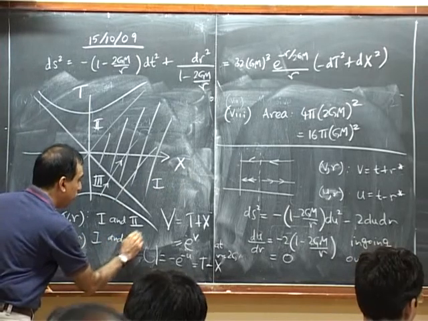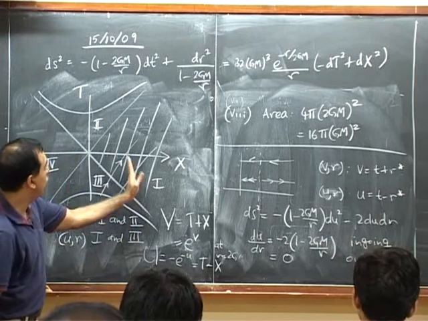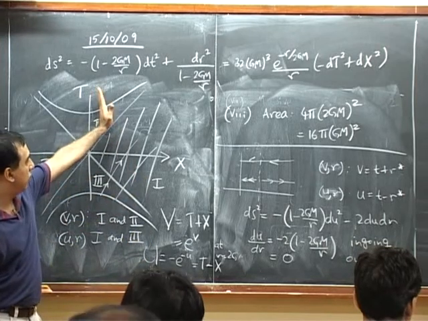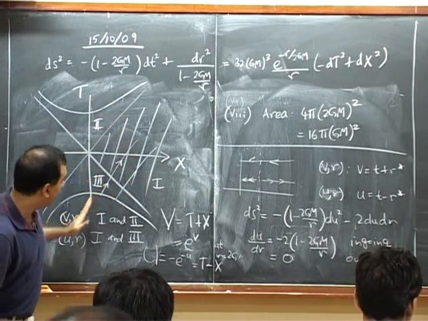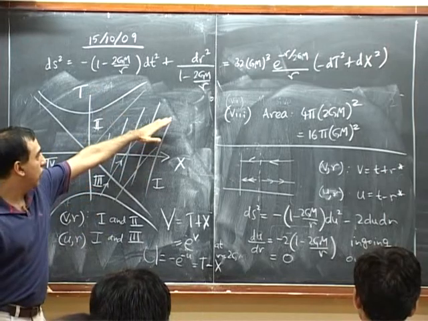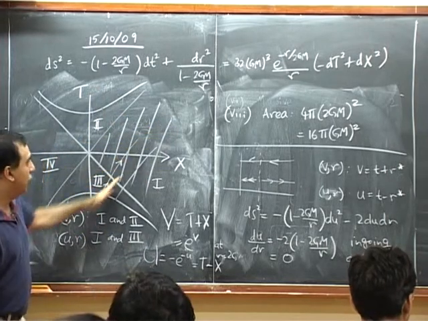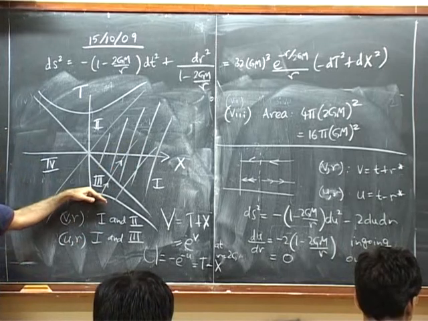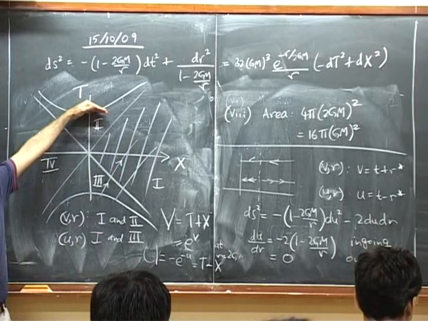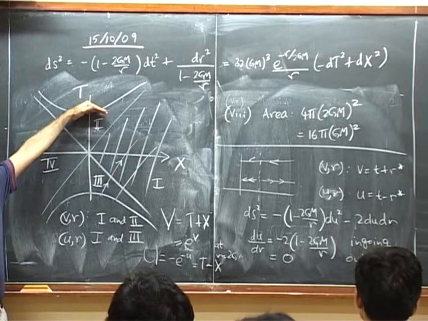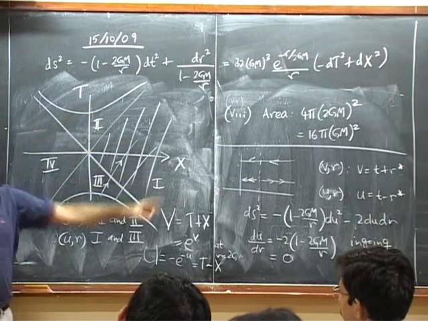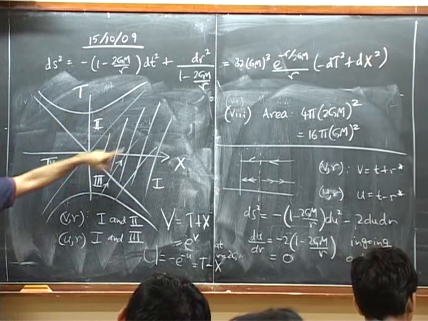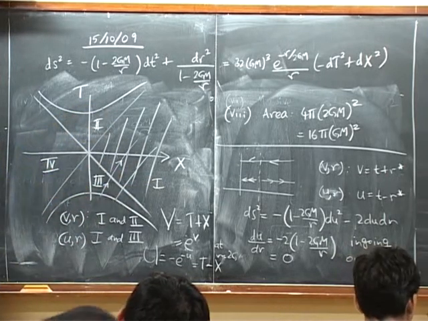There are indeed 4 types of geodesics. 2 of them flow with positive time into that singularity, and 2 of them arise from this singularity, or if you are here already, then they flow backwards in time to a past singularity. So the difference is that this part of the R equals 0 singularity is in the past, this part is in the future. Okay, and the U and V coordinates describe different parts of this diagram.